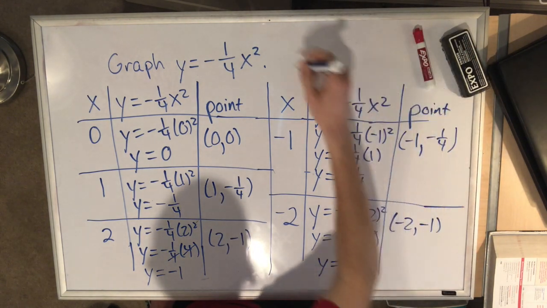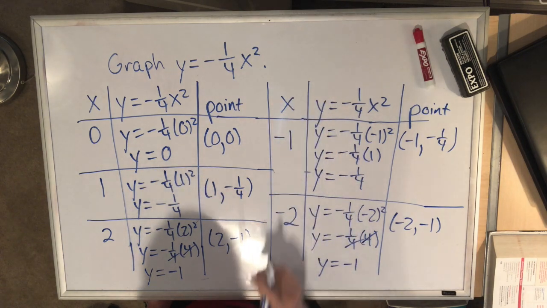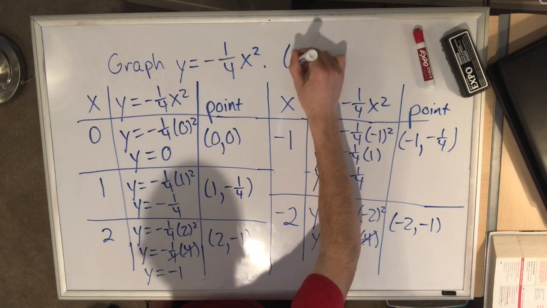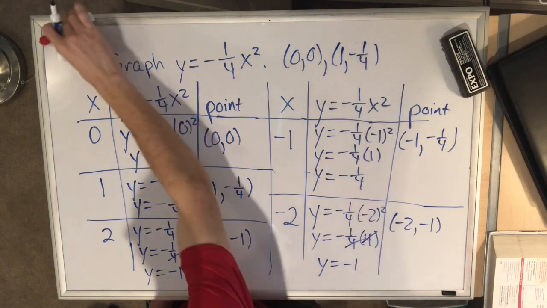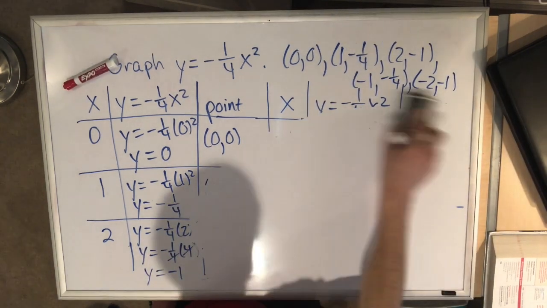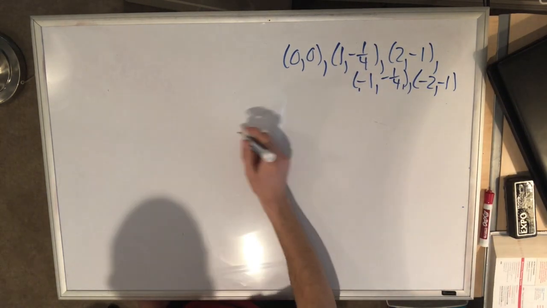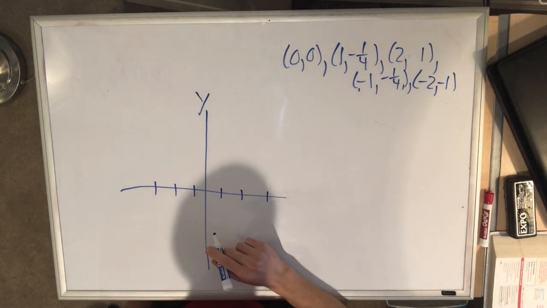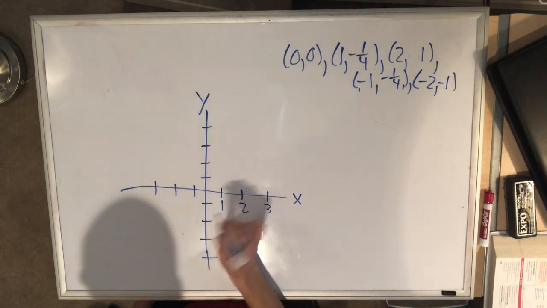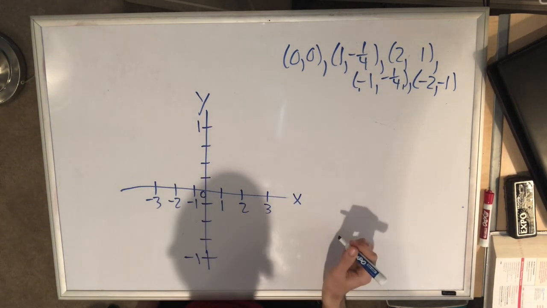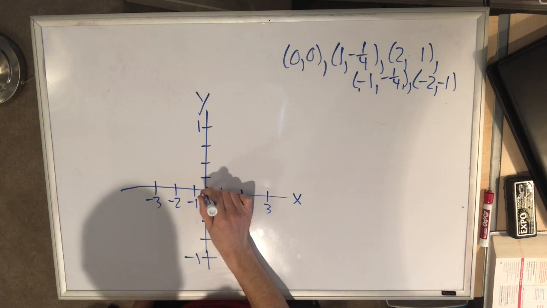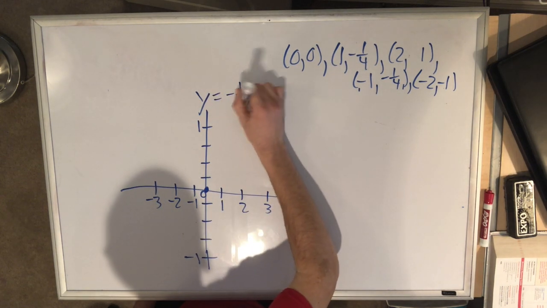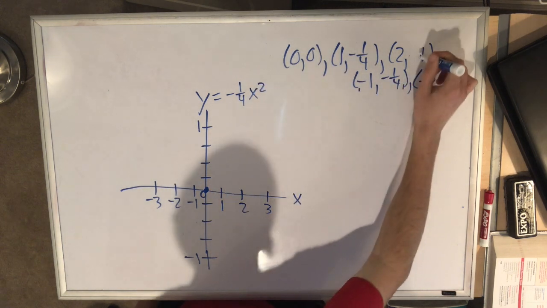Now I'm going to copy the points up here because I'll have to erase the table to make room for the graph. So we have 0, comma, 0. So the point 0, comma, 0 is right here. Y equals negative 1/4 x squared.